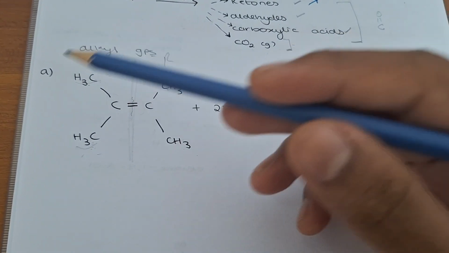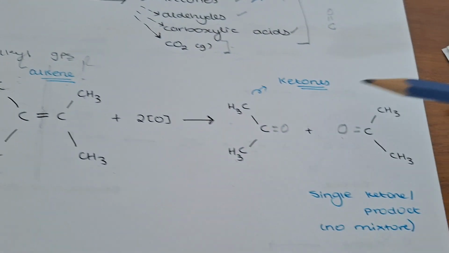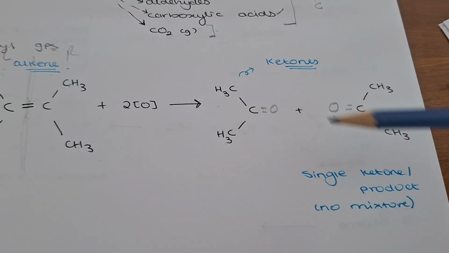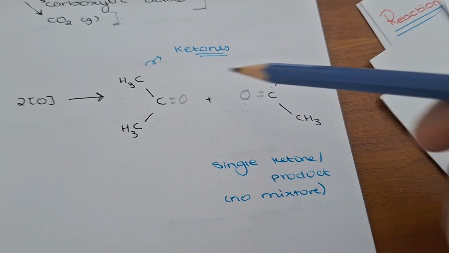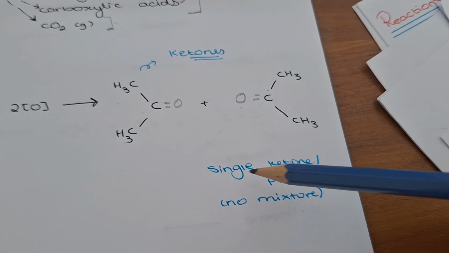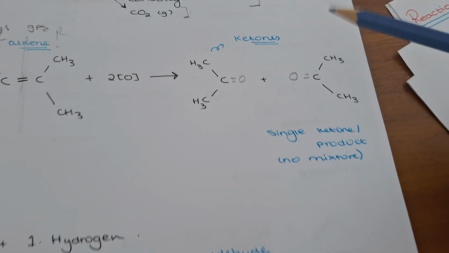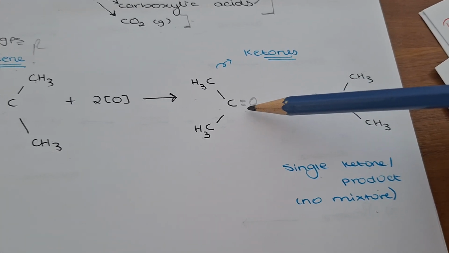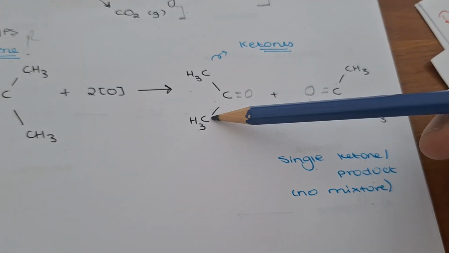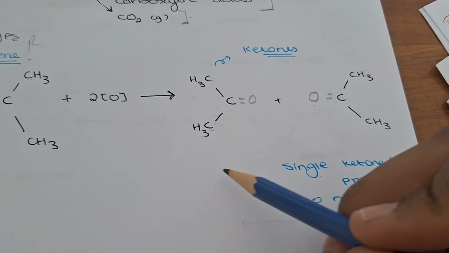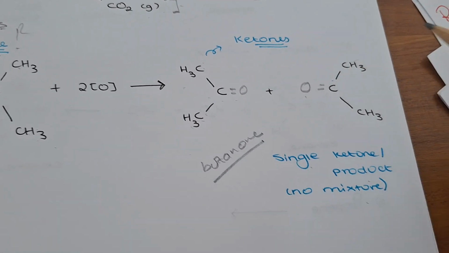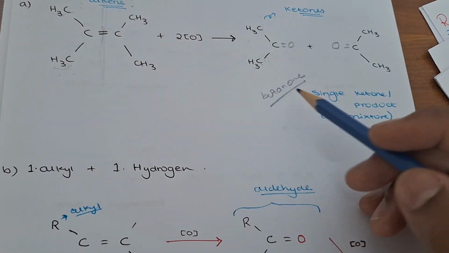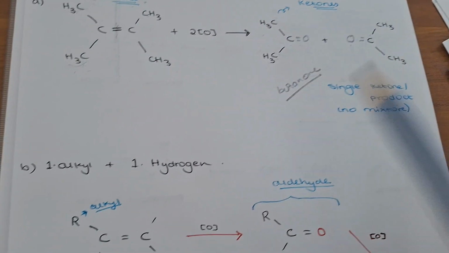Et alors nous gagnons un seul product, c'est bien sûr un ketone, ça aussi ketone, et they are the same ketone, so there's no mixture, a single ketone product. Alors, 1, 2, 3. Ok, so it's butanone. Three carbon, but, et puis fini par one, voilà.